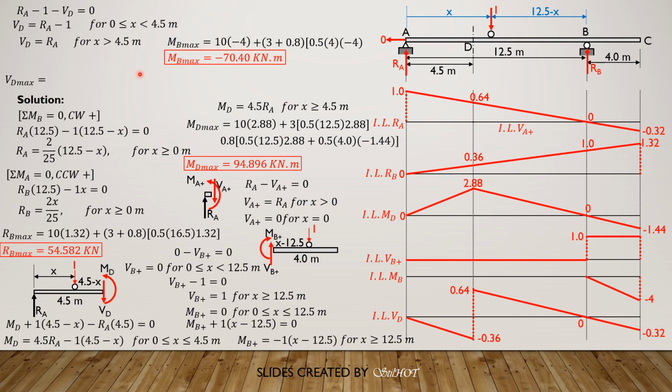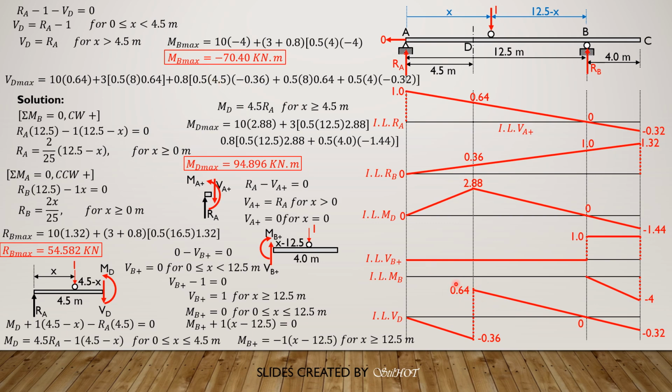For the maximum shear, if you compare the negative areas with the positive area, this positive area is greater. Its length is equal to 8 meters and the height is 0.64, compared to 8.5 combined, but the height would be lesser than the magnitude of 0.64.